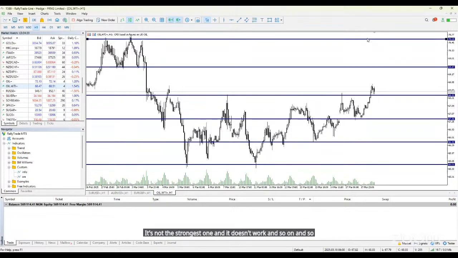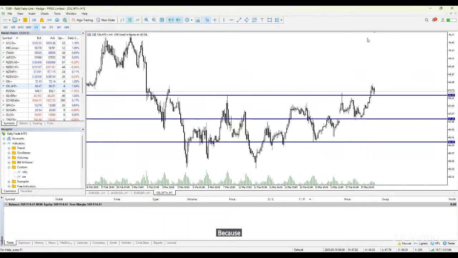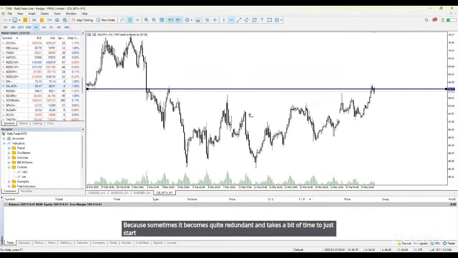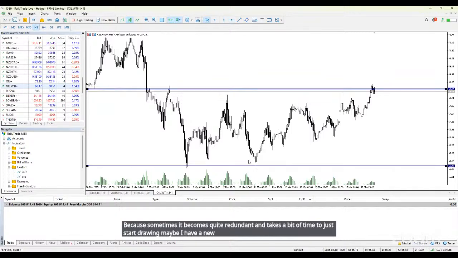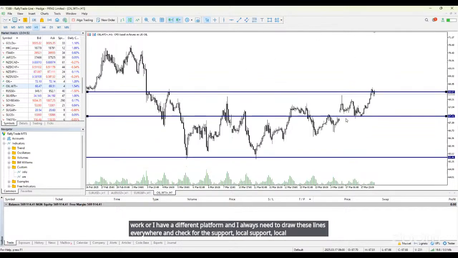Now, my question to you: wouldn't it be great to have a tool which can help us with this? That was also a question for me, because sometimes it becomes quite redundant and takes a bit of time to just start drawing. Maybe I have a new chart, or I have a different laptop on which I work, or a different platform, and I always need to draw these lines everywhere and check for the support, local resistance, key resistance, and so on and so forth.